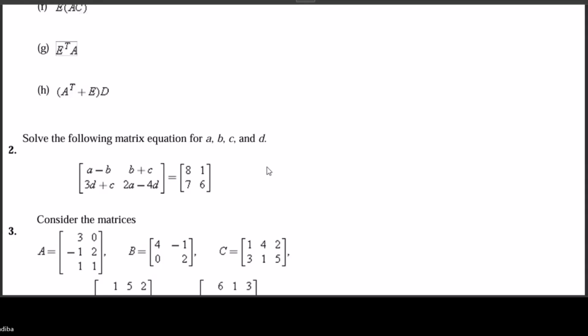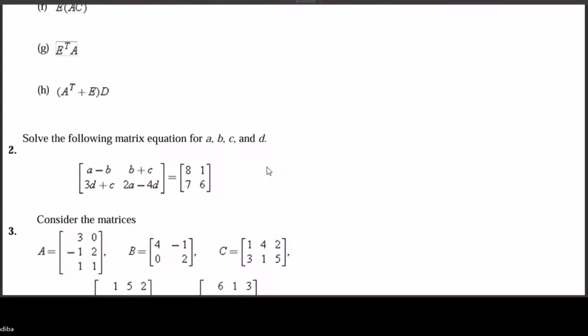From the second equation, B plus C equals 1, I made C the subject, and it became C equals 1 minus B. Then I substituted C into equation 3, and it became 3D plus 1 plus open the brackets 1 minus B close the brackets equals 7. And then I solved for D, which I had as D equals B plus 6 divided by 3.